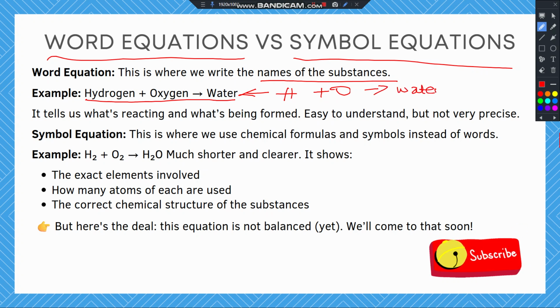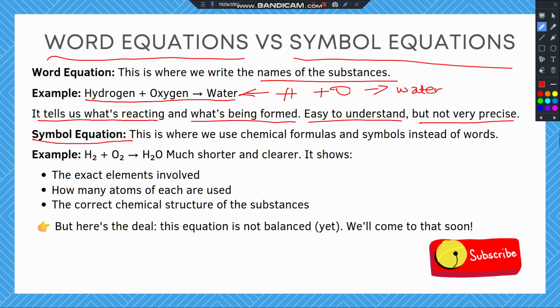The names of every participant in this chemical reaction is fully written. Okay, so this tells us what is reacting and what is being formed. It is easy to understand, straight to the point, but it is not very precise in the sense that it doesn't tell us how much of the reactants are being combined together to form the amount of product that is gotten.